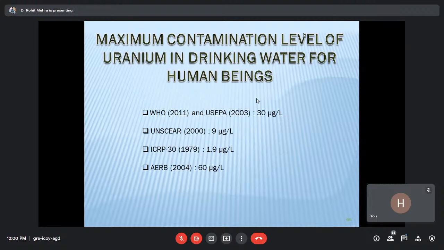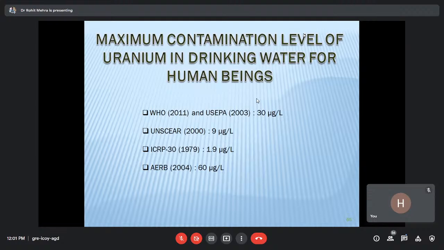The permissible limit of uranium contamination in water from WHO and US EPA, the United States Environmental Protection Agency, is fixed at 30 microgram per liter. And for the Indian biological system and environment, that limit is fixed at 60 microgram per liter. Microgram per liter means ppb, parts per billion.